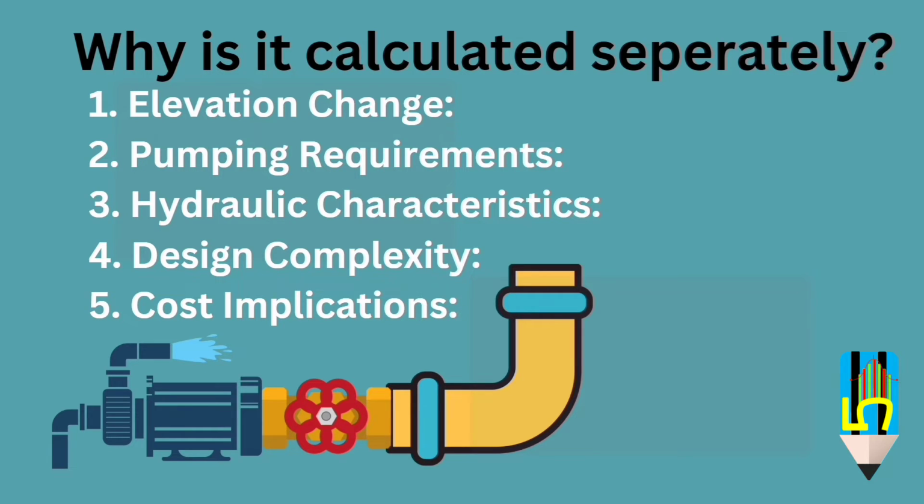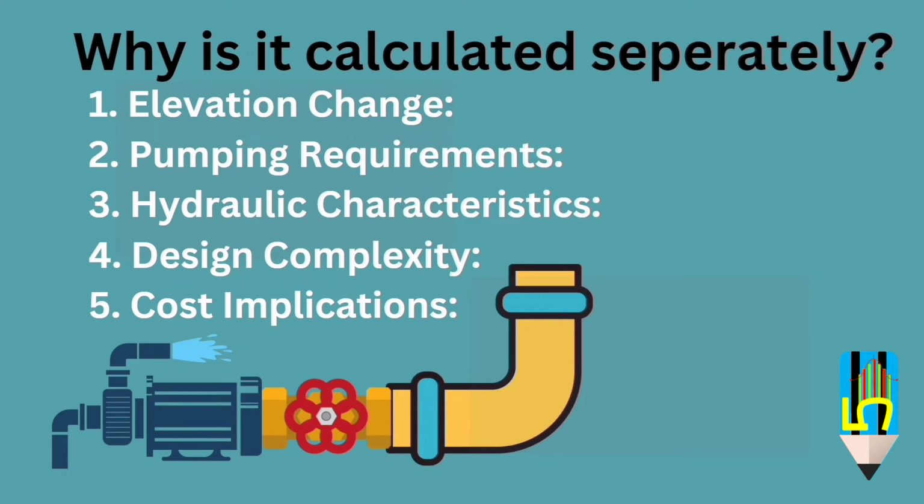Whereas in contrast, most of the distribution network pipes operate under relatively consistent pressure and elevation changes. Okay. So while the elevation changes in a rising main can increase drastically over a very small length, in distribution lines, the change is not that drastic.